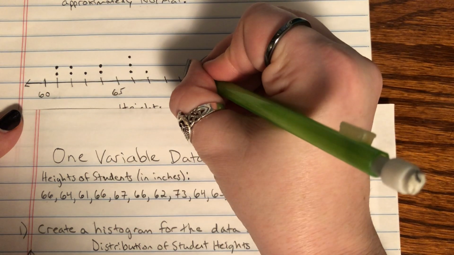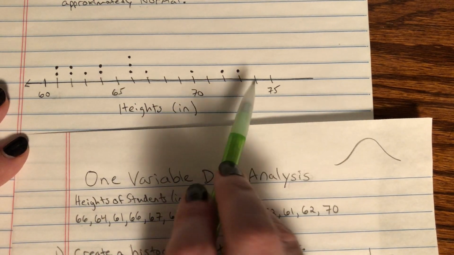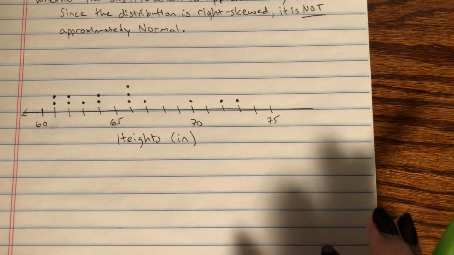And 70. All right, so you can see how all the points are grouped up over here, but then you have a few points drifting off to the side.